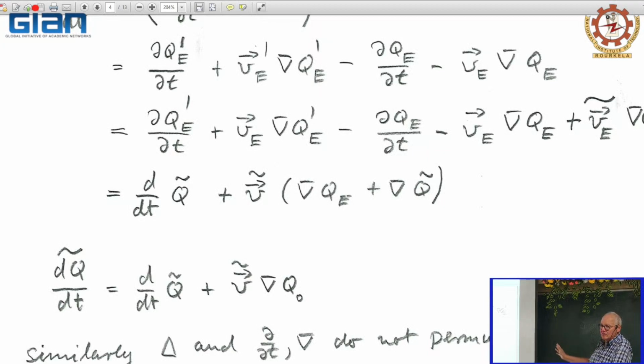There are extra terms. You need to take into account an extra term. It's not really incompatible, they simply do not commute. You have to be careful if you mix different perturbations, Lagrangian and Eulerian perturbations, and different time derivatives, Eulerian and Lagrangian ones, then you may get additional terms.